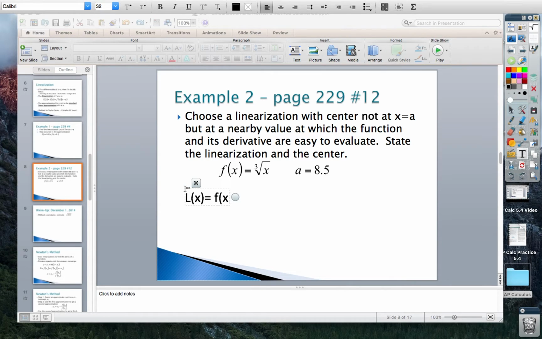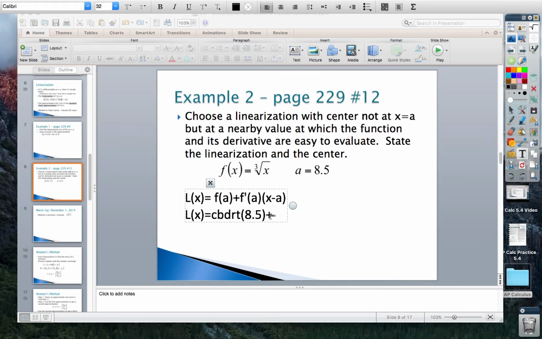So remember, we're going to stick to the formula. L of x equals f of a plus f prime of a times the quantity x minus a. Let's go ahead and just start substituting these things in. We're going to find the cubed root of 8.5. Notice here we substituted f of a. F of a is cubed root of x, and since we know what a is, 8.5, we substitute that in, plus f prime of a.